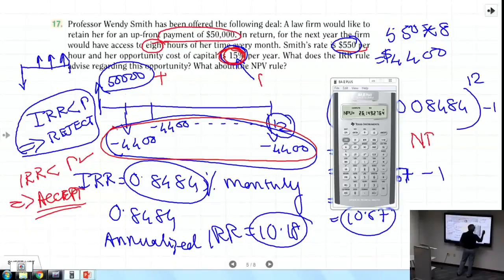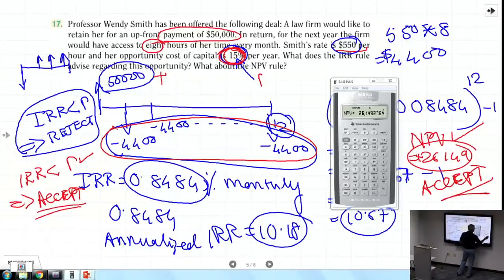Net present value is 26,149. It's positive, so we accept the project. And that's problem number 17. And so we will stop here for the problems in chapter 8.